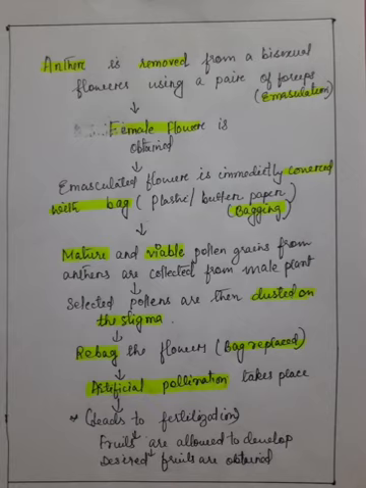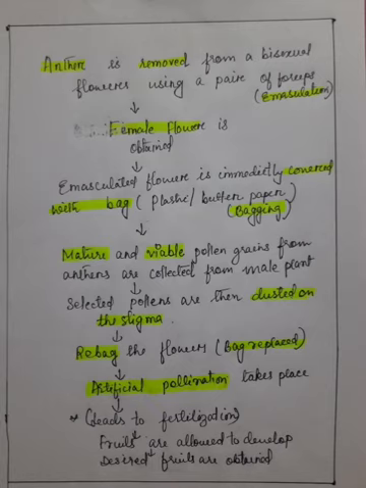Then mature and viable pollen grains are collected from a male plant which has better quality, more desirable characteristics and features, and they are dusted on the stigma of the female flower. Then they are immediately rebagged. The bags are replaced, so that is called rebagging.